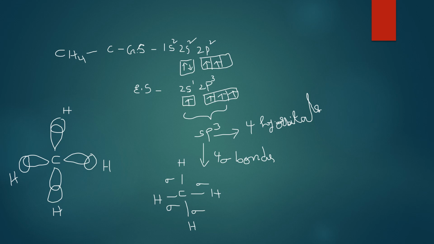We will get equal bond angles between the carbon atoms and hydrogen atoms, and the shape exhibited by the methane molecule is tetrahedral. From this concept, we can define hybridization in which one atomic orbital overlaps with another atomic orbital.